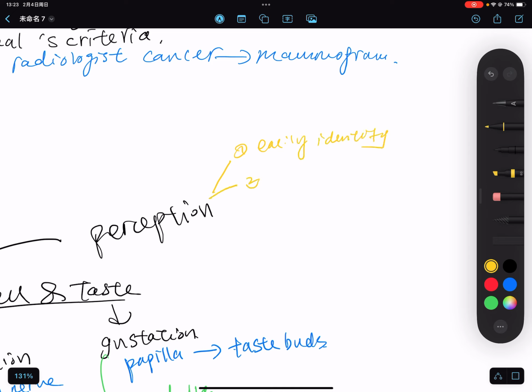Second, we can detect small differences among similar tastes and smells. And third, our experience often shapes our perception. So this is our experience.